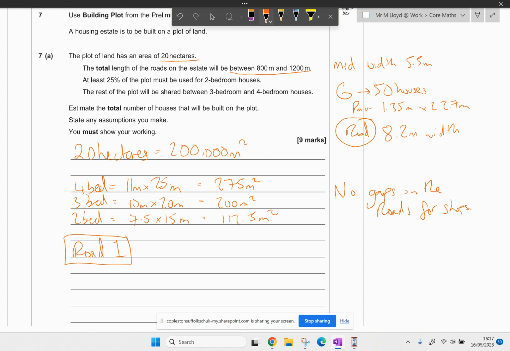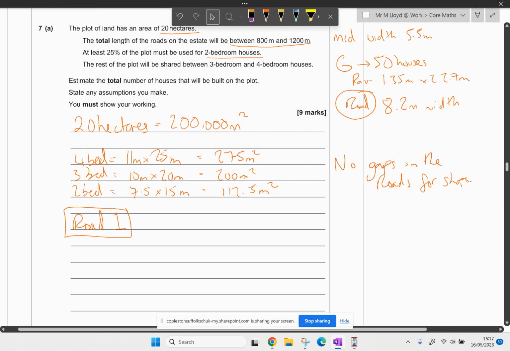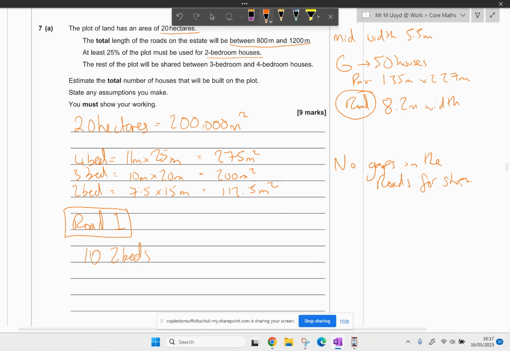Right, so road 1, and we've got 25% must be 2-bedroom houses. So I'm going to say 10 2-beds, which means I'm going to have to go up to 40 for this road. So 10 2-beds, and then I'm going to do 15 3-beds, and 15 4-beds.